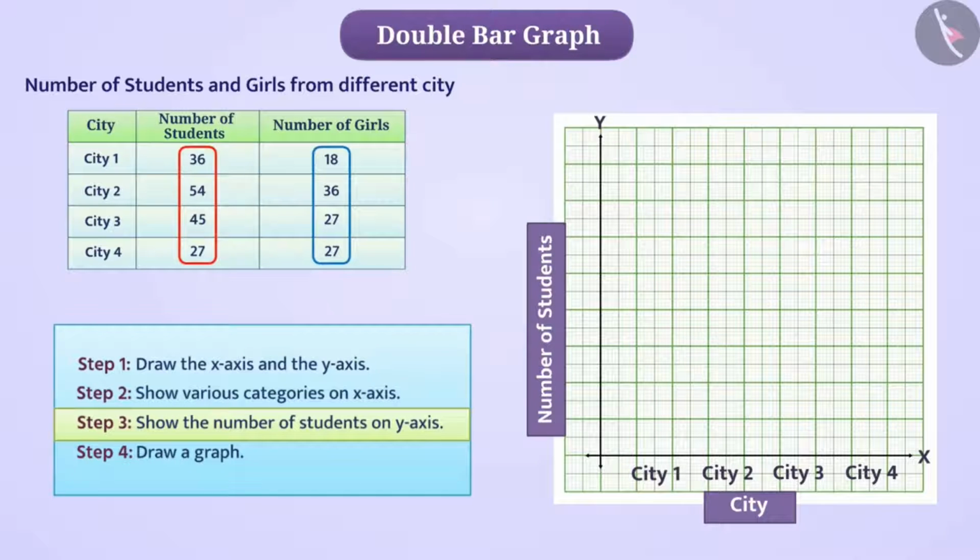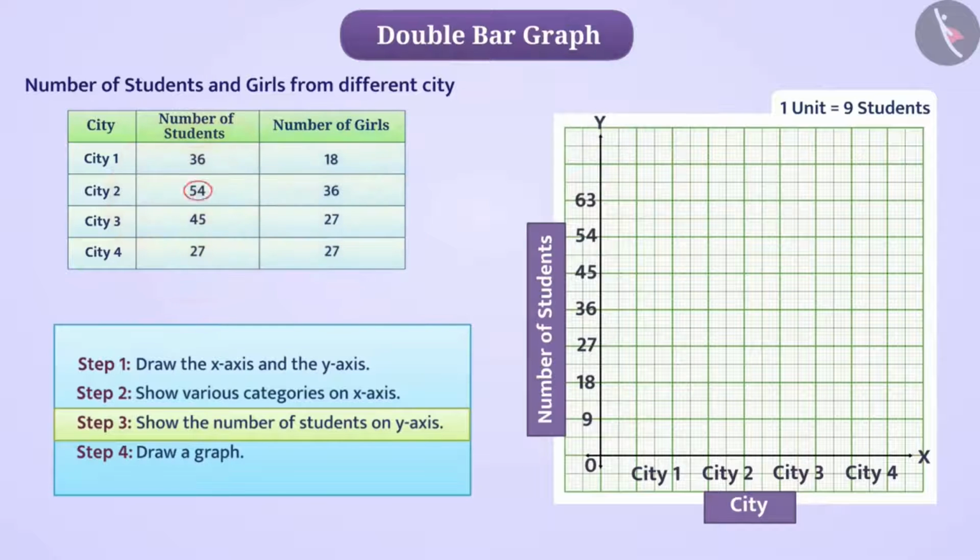Here we can take this scale as 1 unit is equal to 9 students, because all the numbers are multiples of 9, so we will show the numbers 0, 9, 18, etc. on the y-axis. The maximum value here is 54, but for our convenience, we have taken numbers up to 63 on the y-axis.